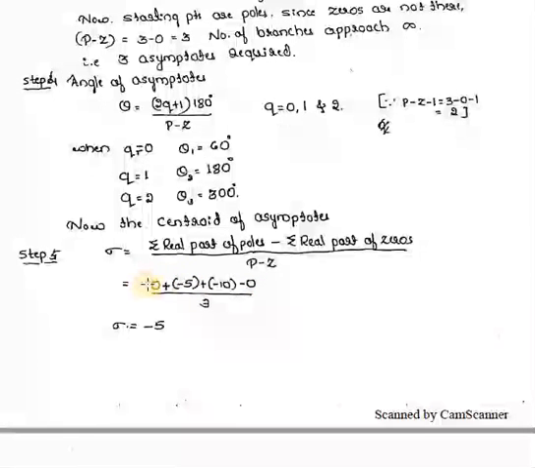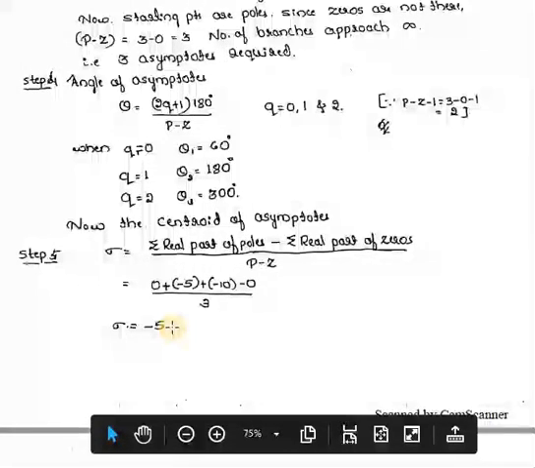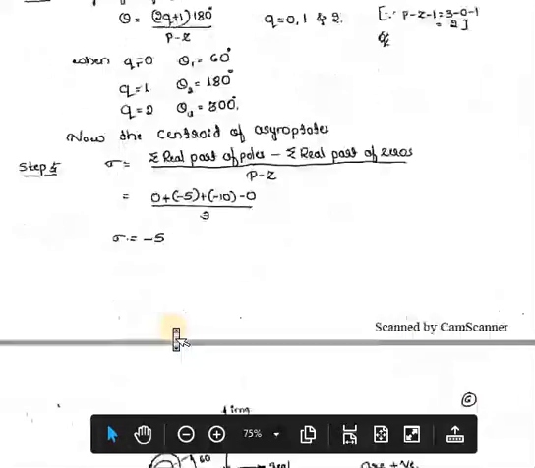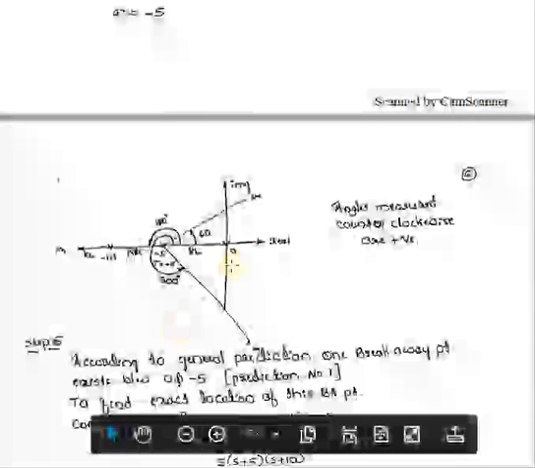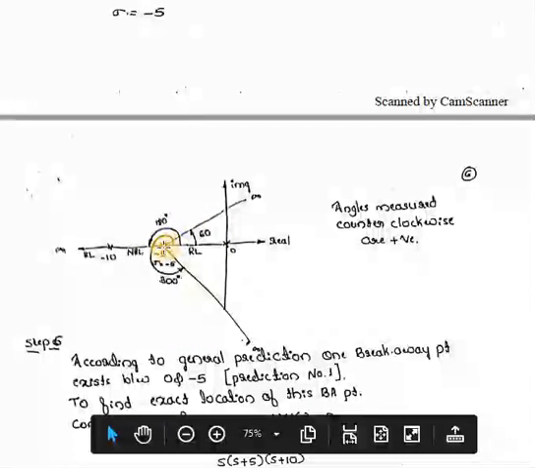So the summation of the real part of the poles is 0 plus minus 5 plus minus 10, minus 0, because the number of zeros is none, divided by 3. If you simplify this, you get sigma as minus 5. That is the centroid. Minus 5 is the centroid.